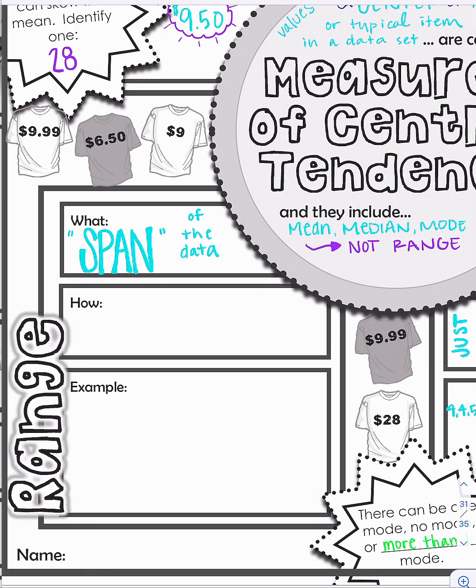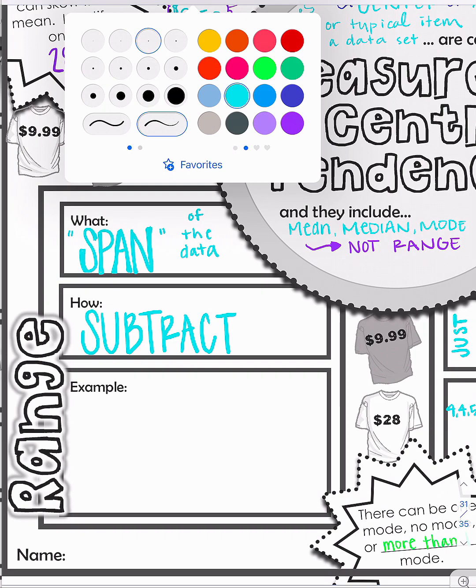So how do we find the range of a data set? Well, all you're going to do is you're actually going to subtract. Okay, we're going to subtract. I'm going to change my marker color for just a moment here.